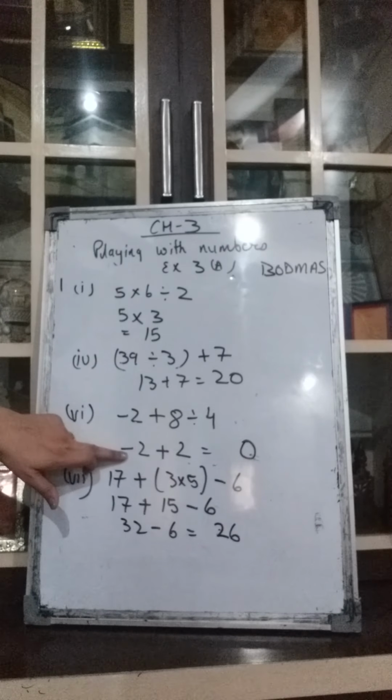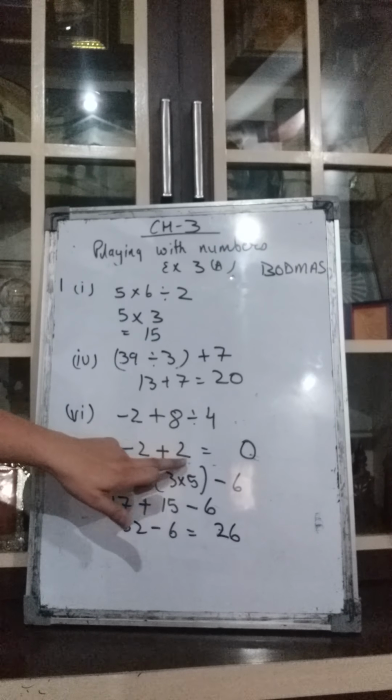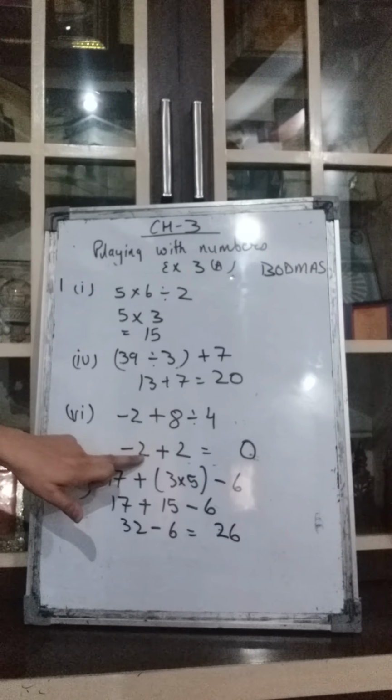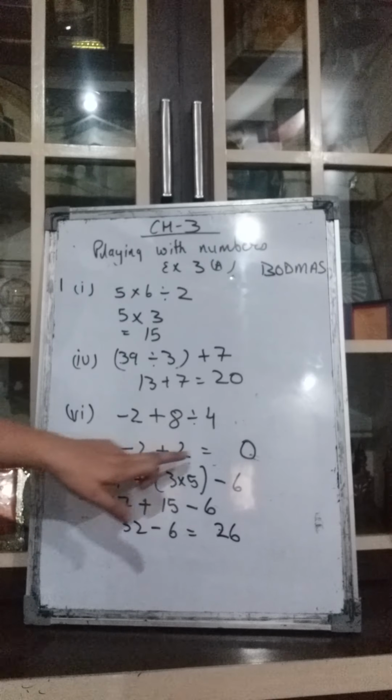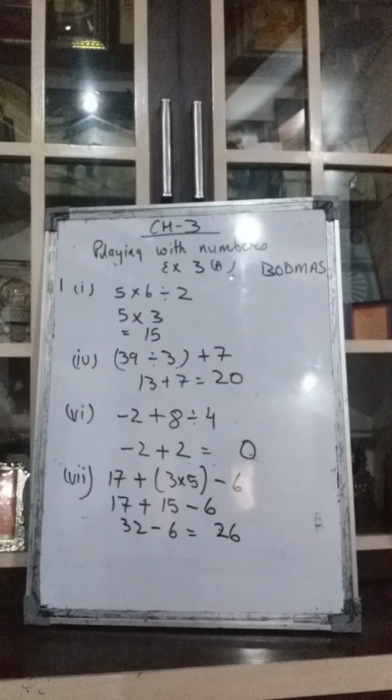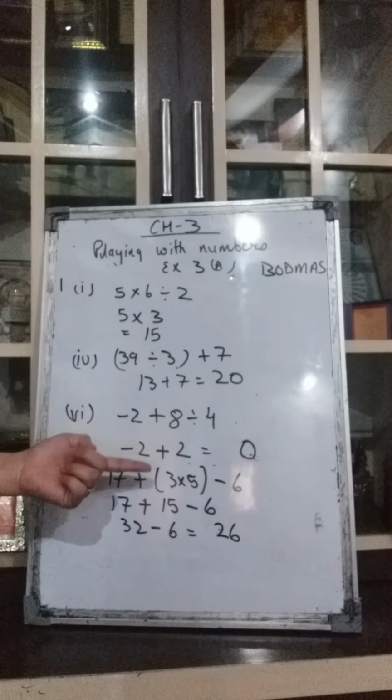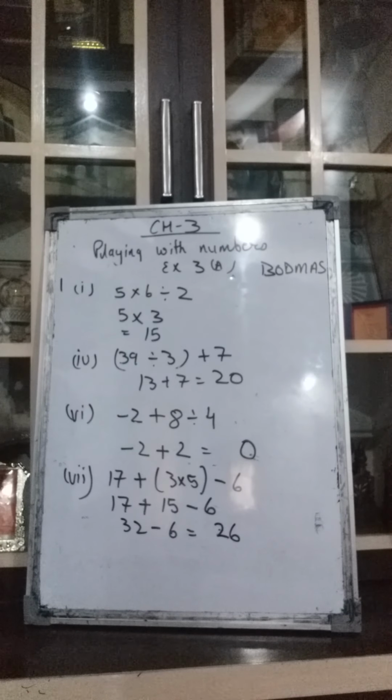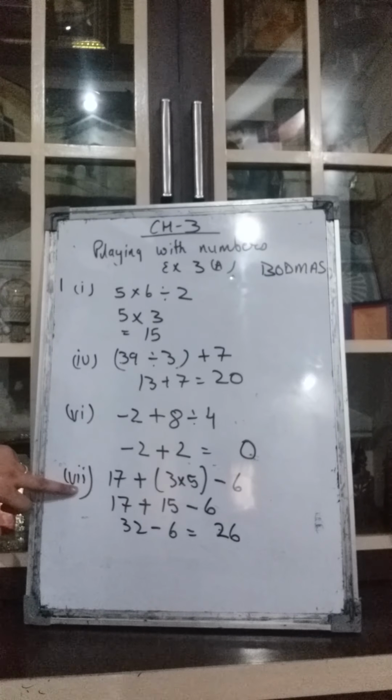So it is minus 2 plus 2. When the same numbers are there with the opposite signs, they get cancelled. So the answer becomes 0. Suppose it had been minus 8 plus 8, same numbers with the opposite signs, they get cancelled, the answer comes 0.